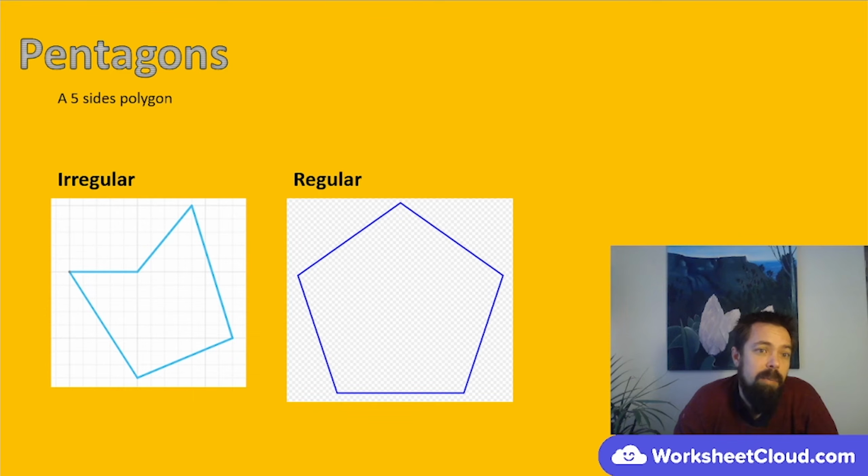With an irregular pentagon, we just have 5 sides, but they don't have to be the same, and the angles don't have to be the same. Some teachers might also call this a concave irregular polygon, because we've got a side that bends inwards instead of outwards. But I think most people would be fine just calling that an irregular polygon.